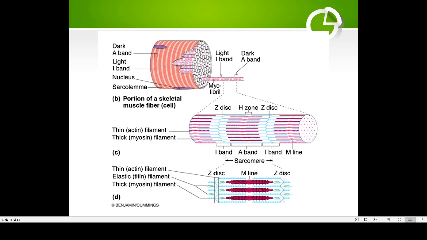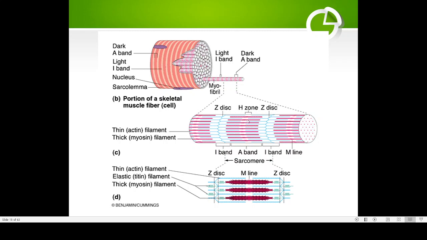If you look again, at the middle of this sarcomere there is a lighter region, and this lighter region at the middle of the sarcomere is known as the H zone. So the H zone is another important structure. This is the Z line, and the region between two Z lines is known by the name sarcomere.